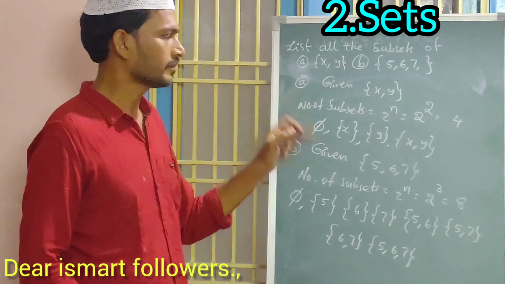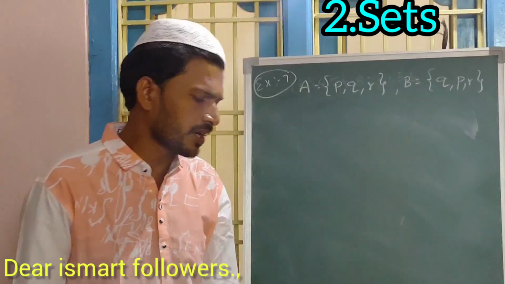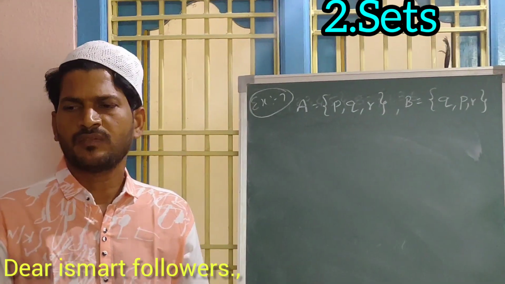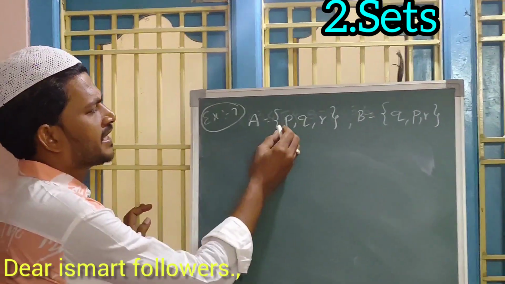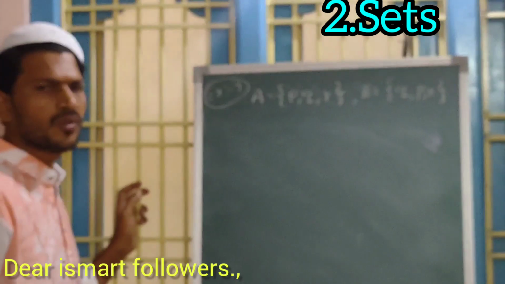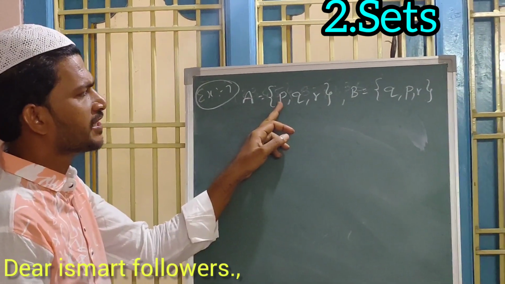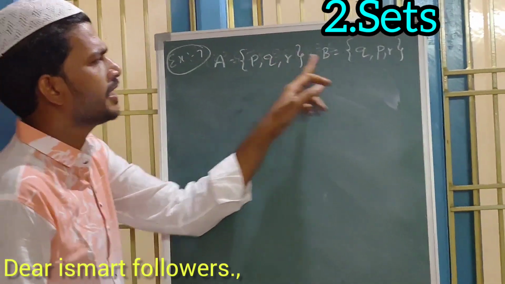What is the B set? Q, P, R. What is the question? Check whether A equal to B or not. In the A set, what are the elements? In the B set, what are the elements? First, what is the first element? P. Is there P here? Yes, sir. Next, Q. Is there Q?